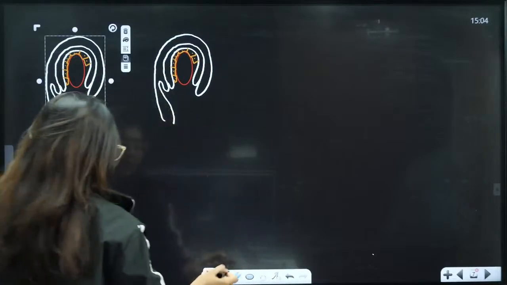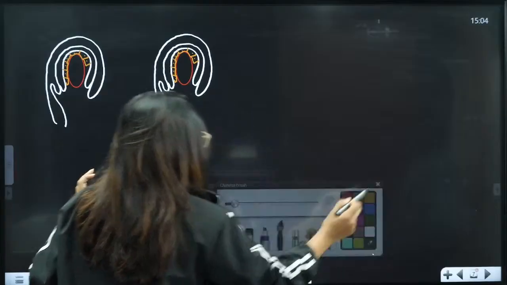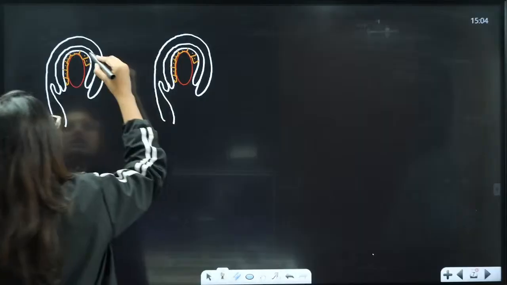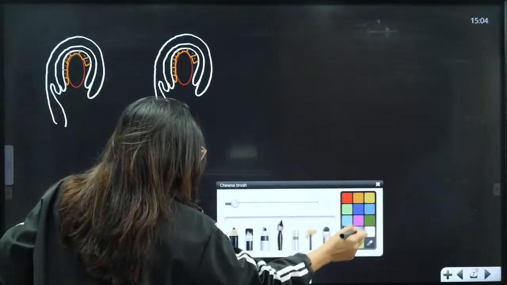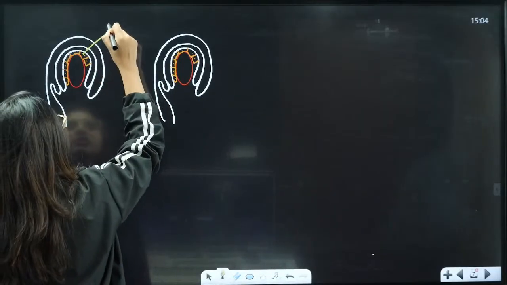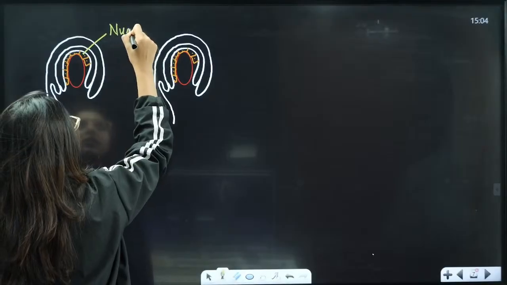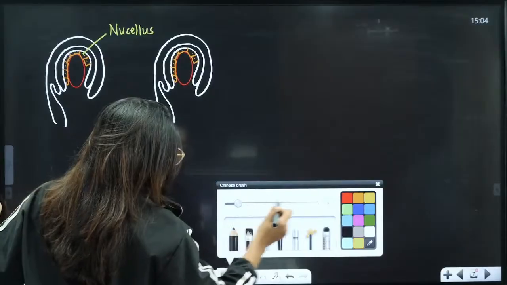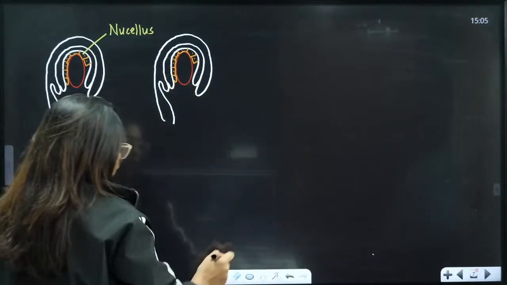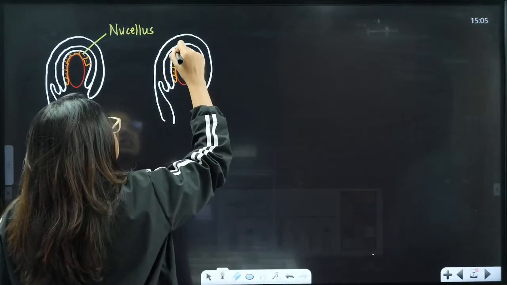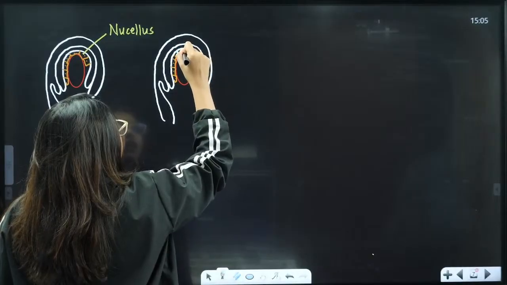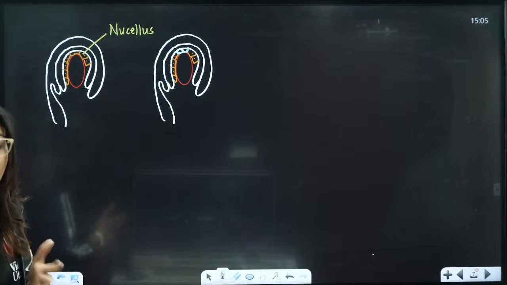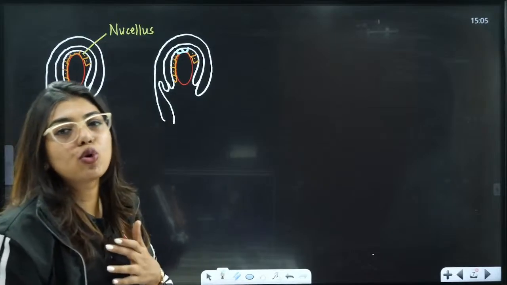Here, students, normally this is our ovule diagram. This is your nucellus cells, right? This will be the nucellus. Now, what happens? One of the nucellus cells, that is this cell, let's assume, becomes very prominent, and it will be like, wait, I want to become the megaspore mother cell.